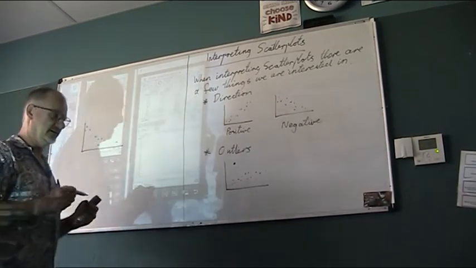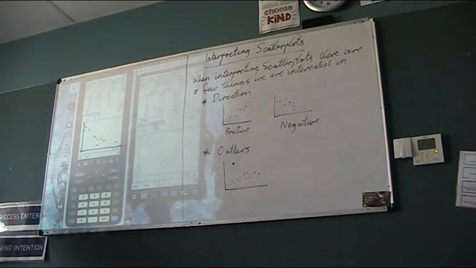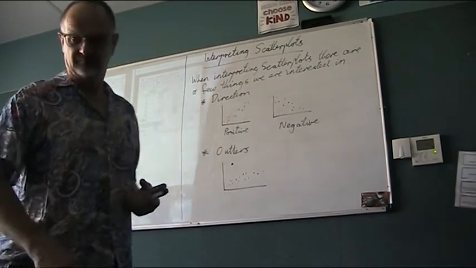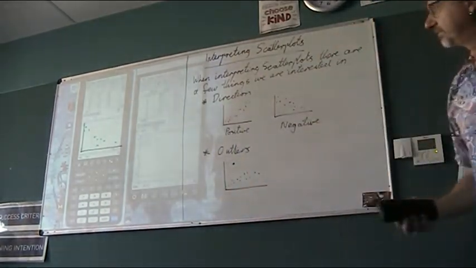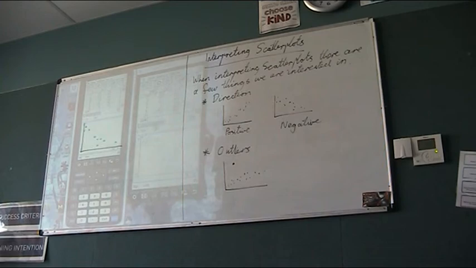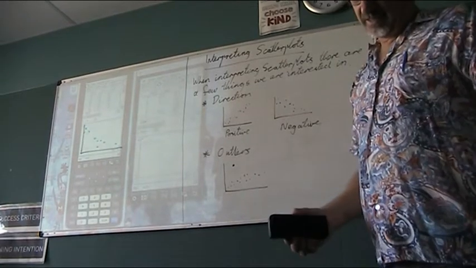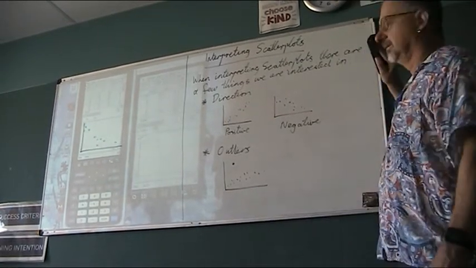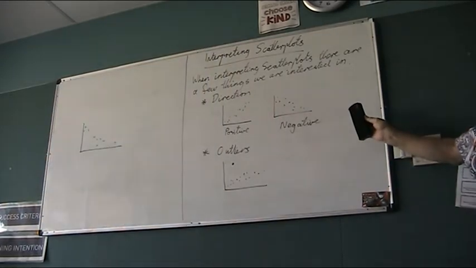Alright, so it needs to be quite obvious with the outlier. We all got that? Can we rub this side off? Yes, no, maybe.